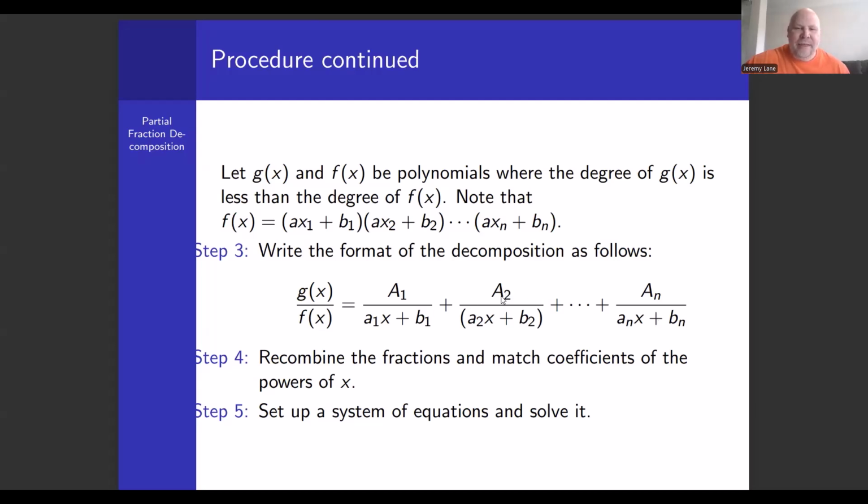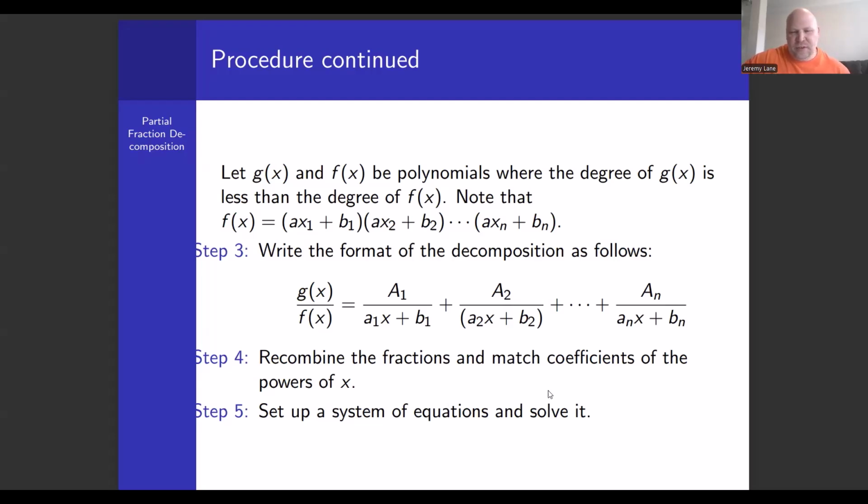And then we're going to add A2, and we're going to multiply by this factor, skip over the denominator for A2, and then multiply by all the remaining denominators that form the factorization of f. And we're going to do that for each one of these. And that's going to give us our equation that we're trying to match the coefficients with. And then we're going to set up a system of equations and we're going to solve that system.